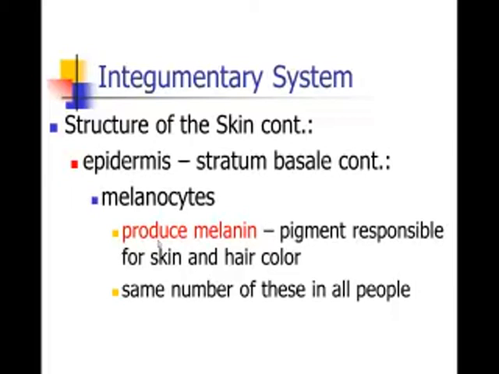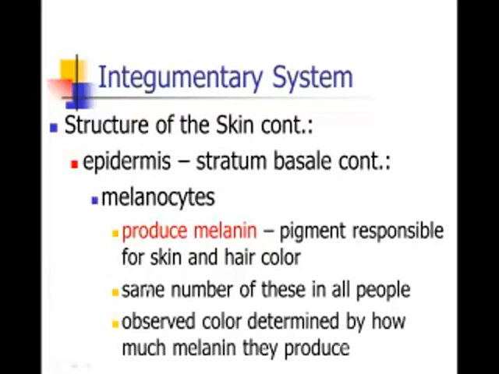But if you look at all people from all over the world, you find that the number of melanocytes in their bodies is pretty much the same. But how much pigmentation you get really is determined by how much melanin those particular cells produce, and that's a genetically determined attribute.